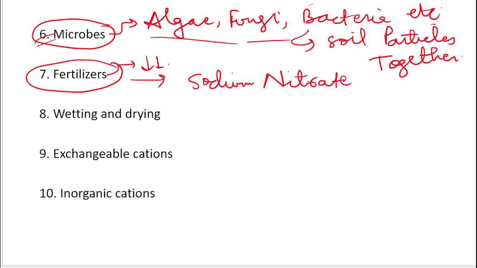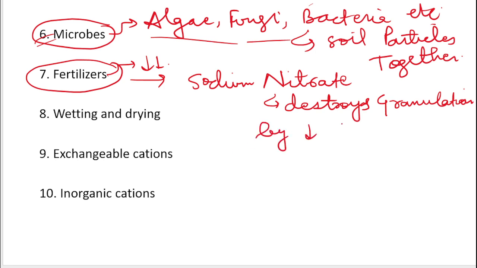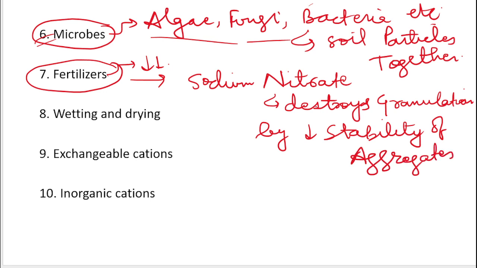It destroys granulation, by reducing stability of aggregates. मैंने एग्जांपल दिया कि कैसे सोडियम नाइट्रेट ग्रेनुलेशन को डिस्ट्रॉय करता है. Stability of aggregates is also reduced by it. So high use of fertilizers has bad impact on soil structure.